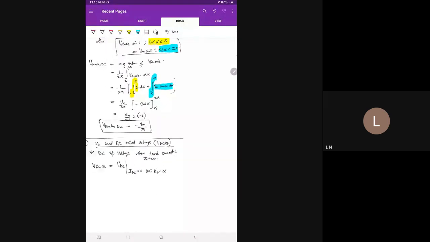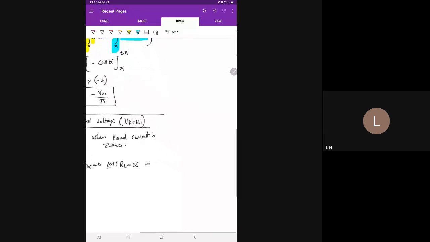Now see, this is the secondary winding of the step down transformer in the rectifier. Then we have a diode here and we have a load resistor here.